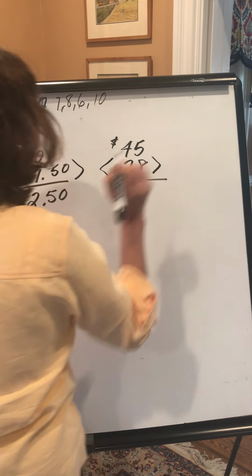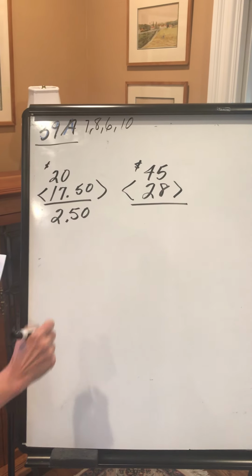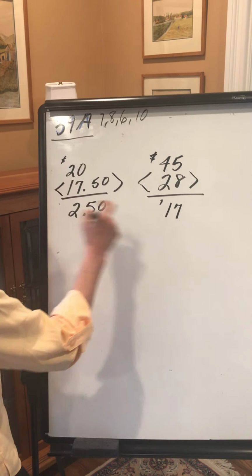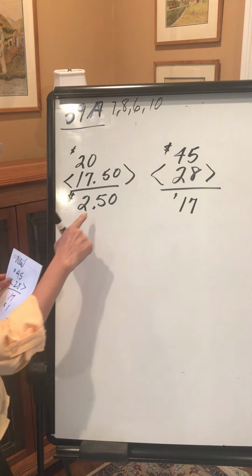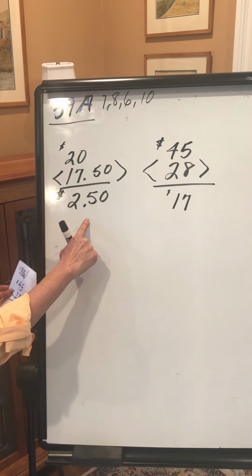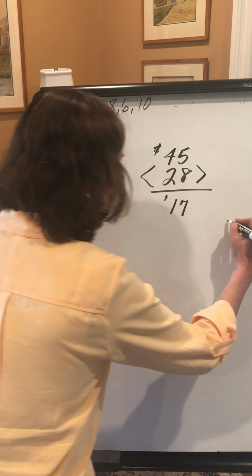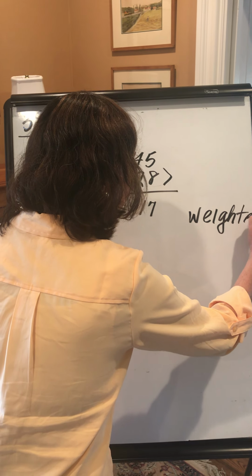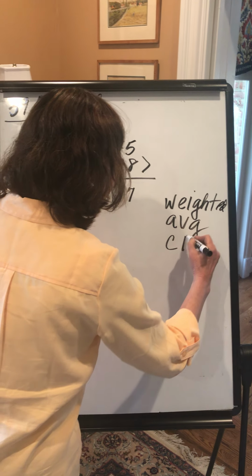So the contribution margin for that second line of products will be $17. So they tell us for every one of these, they sell 6 of these. And what we need to do at this point is calculate a weighted average contribution margin.